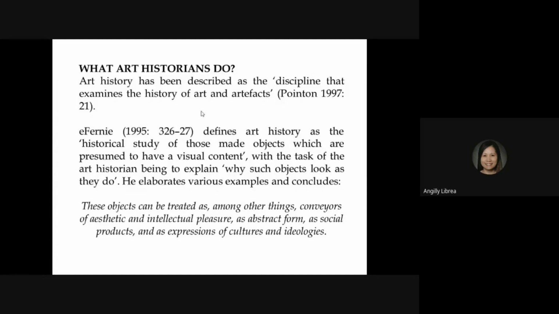These very definitions, guys, underline the extent to which art can sustain a multiplicity of meanings, and that in attempting to interpret details of form and content, the art historian is inevitably concerned with broader issues of social context, causation, and value.